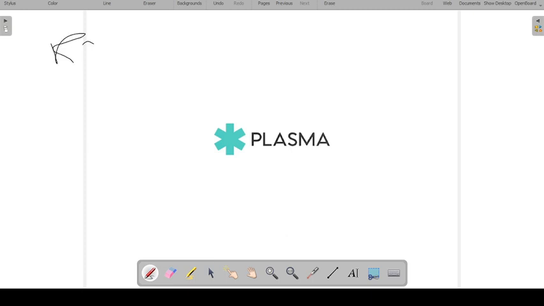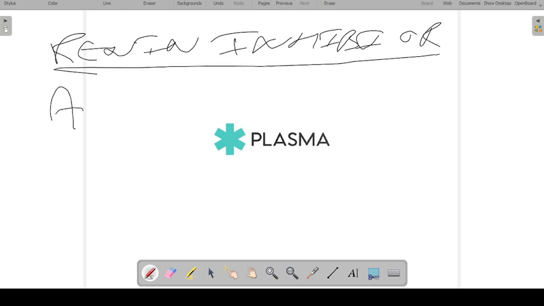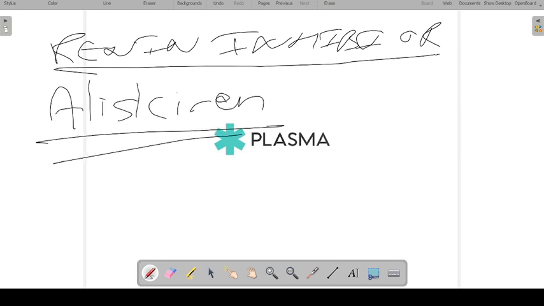Now the last, renin inhibitors. Here we'll discuss aliskiren. This is very important.